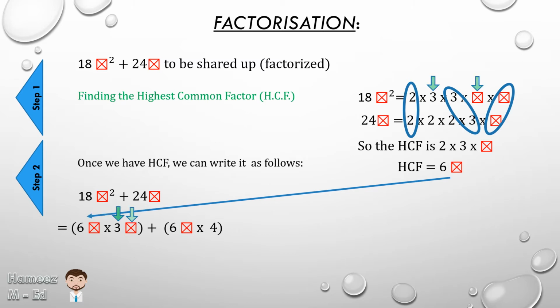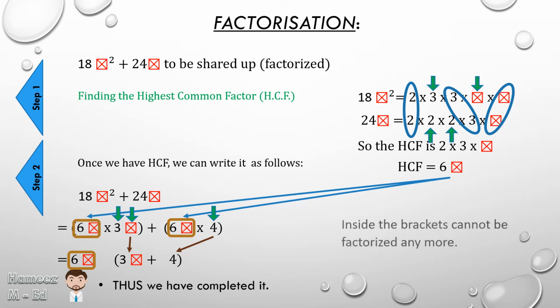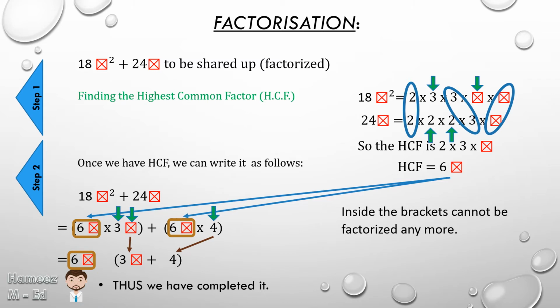Let's double check it. 6 times 3 is 18, and x times x is x squared, giving 18x squared, plus 6x times 4, which gives us 24x. Thus, we have completed it. And how do we know we have completed it? We have completed it because what is inside the brackets cannot be broken up or factorized anymore.